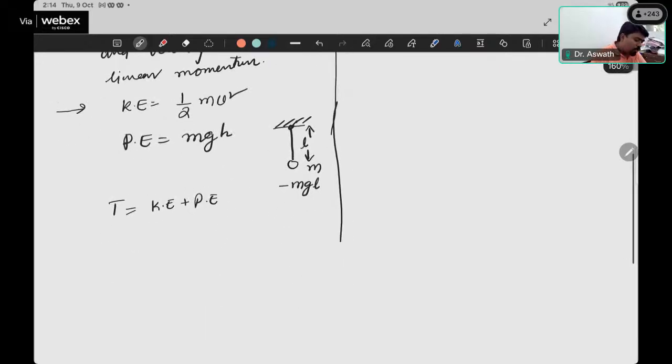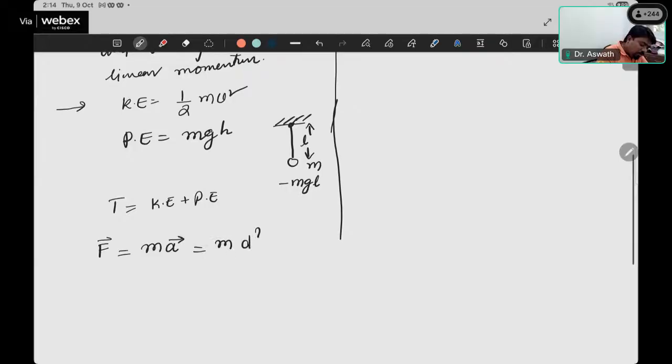To know the dynamics of something which is moving, I usually solve Newton's second law, which is mass times the second order derivative of position with respect to time. If I solve this differential equation, I get the position of the object in time.